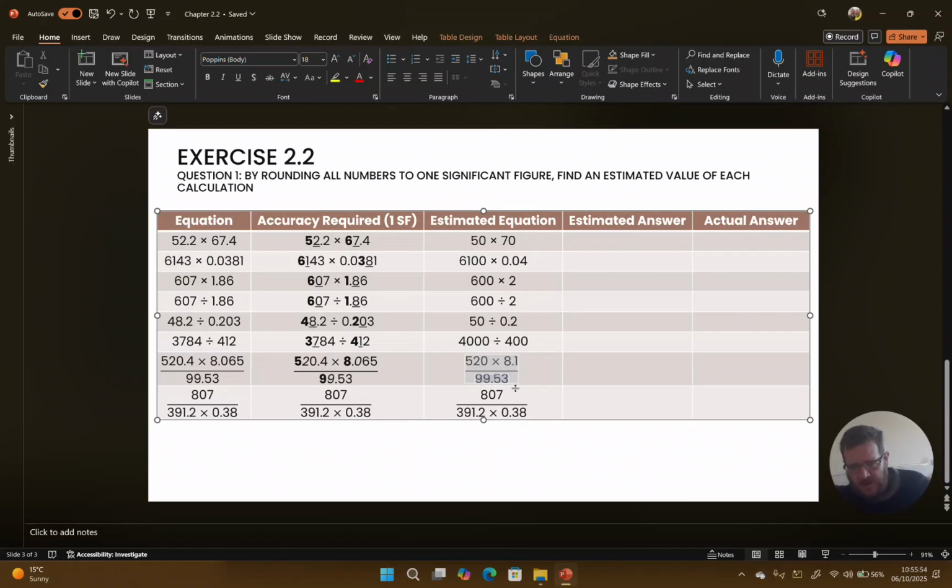And then we've got the 99.53. We can ignore the decimal points in this case. Now 520 rounds down. Put an asterisk there because that signifies that I've rounded it up already, and that then just becomes 8.